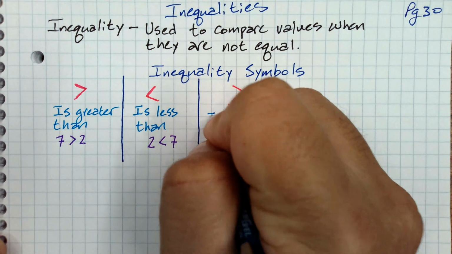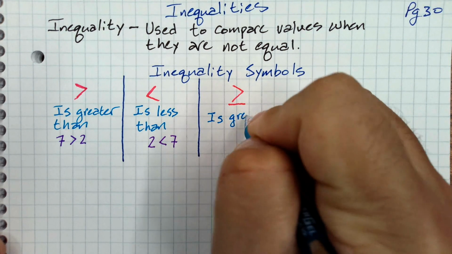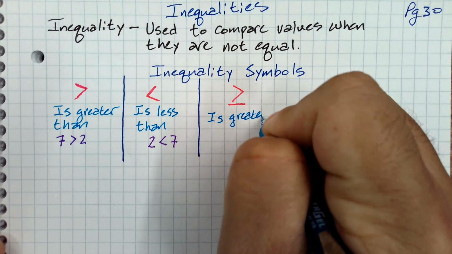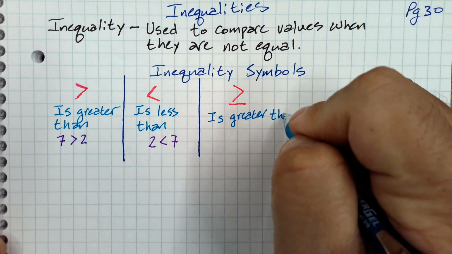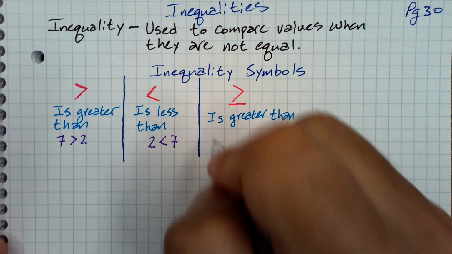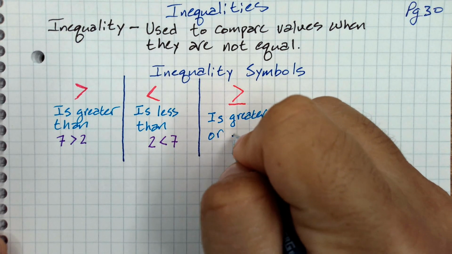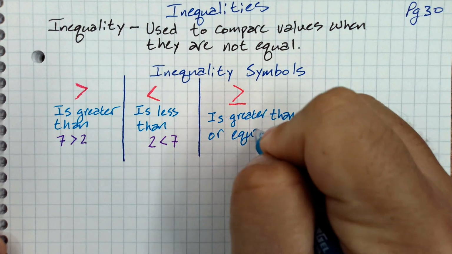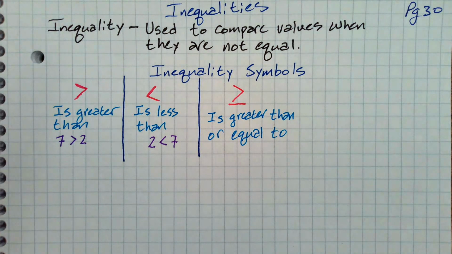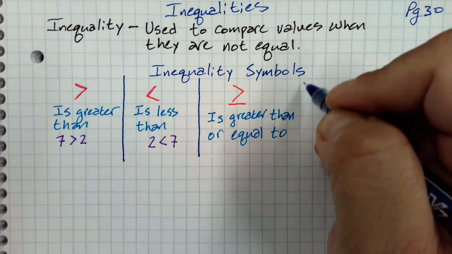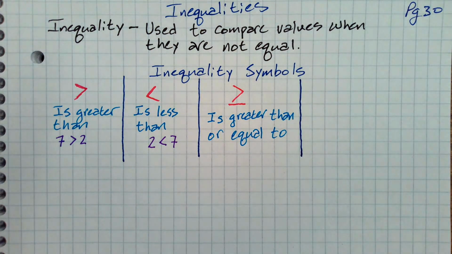Is greater than. But there's more. Or equal to. That's the part that's extra. Just think of it as it's extra.